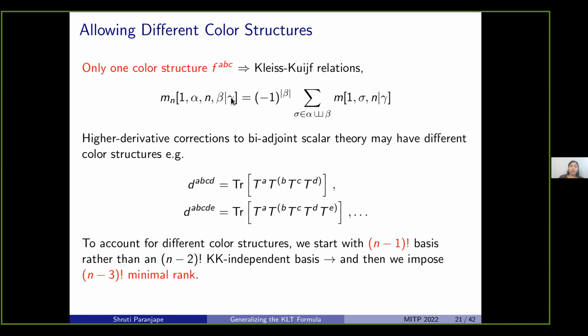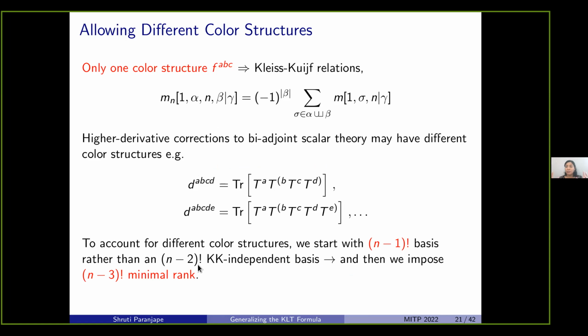Okay. I also want to emphasize that we are allowing, at subleading order, different color structures. Because the Kleiss-Kuijf relations are only true if you have f^{abc}s, and we want to include for the high derivative corrections other kinds of color structures, we want to start with a basis of (n-1) factorial rather than (n-2) factorial.